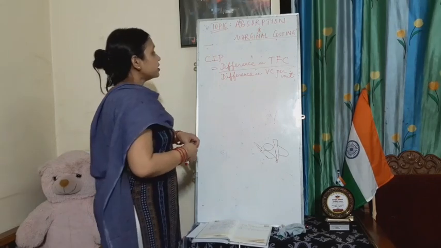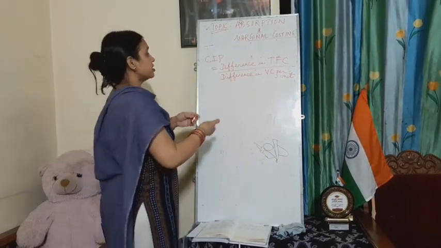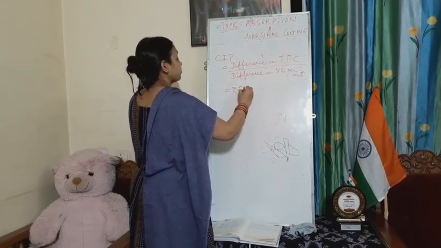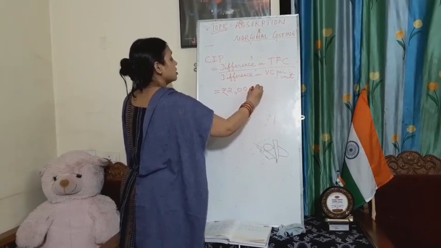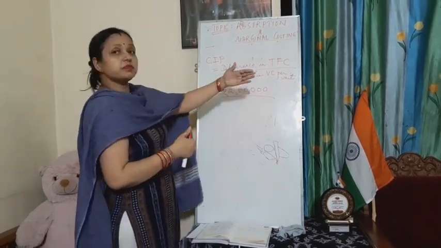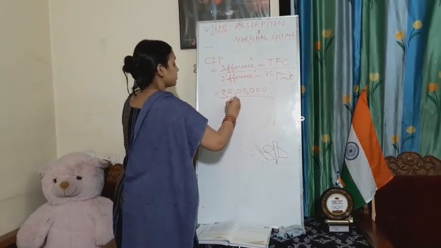Now let us assume the difference in total fixed cost between two alternative methods of production comes to rupees 2 lakhs. And suppose the difference in the variable cost per unit between the two methods comes to rupees 5.